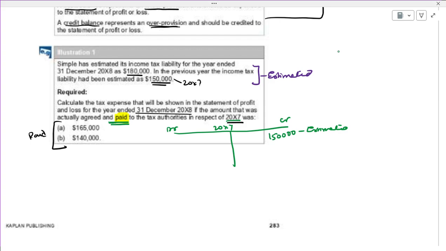How much have they paid? 165. In this process, is it under provision or over provision? Over provision.